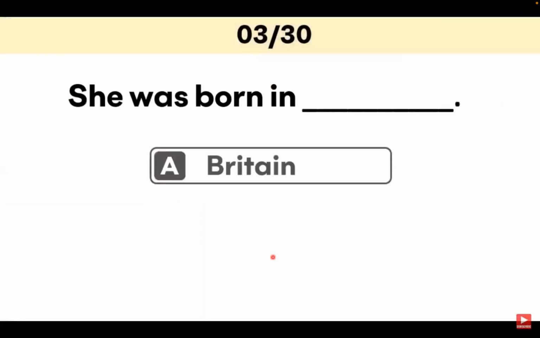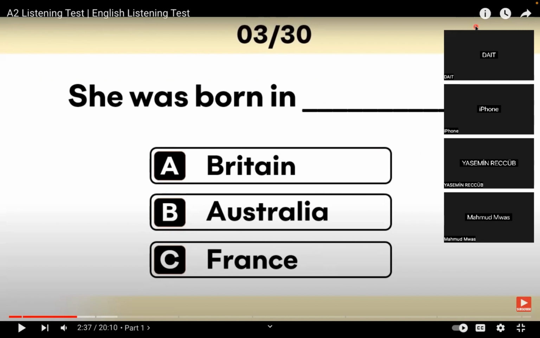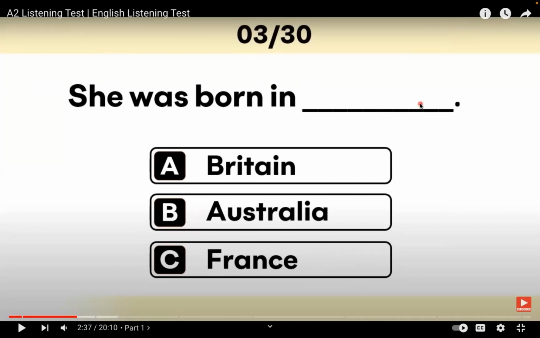Very good. Number 3. So Ellen MacArthur was born in Britain, Australia, or France? Australia. Australia? Sure? Maybe Australia or France. Australia or maybe Britain. Let's see.